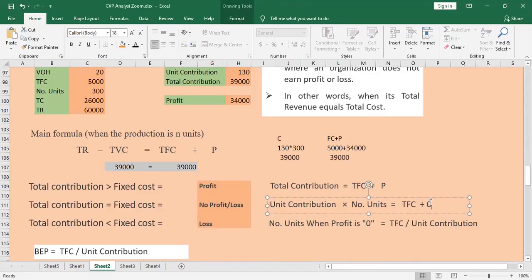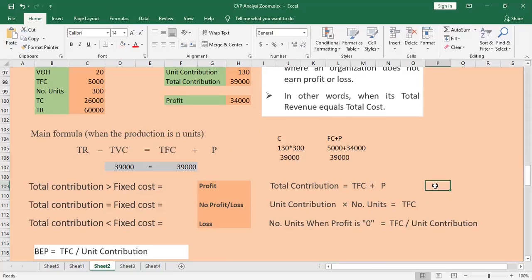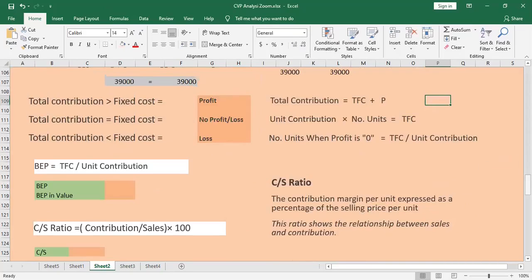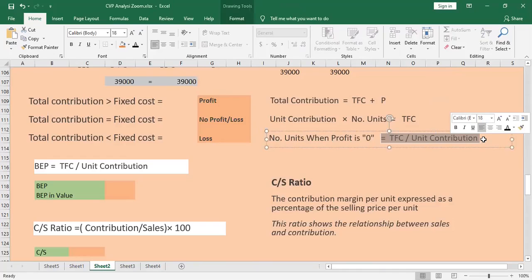So I can easily erase the profit since it is 0, because at the break-even point profit is equal to 0. Therefore now you have the formula to calculate the break-even point. What is the formula? Total fixed cost divided by unit contribution. That's how you calculate the break-even point.